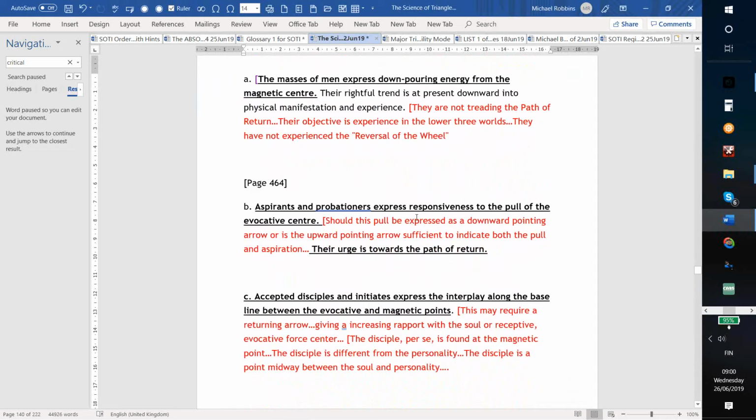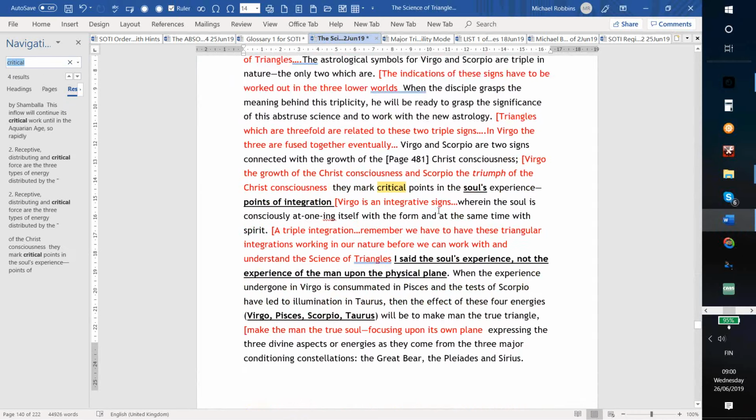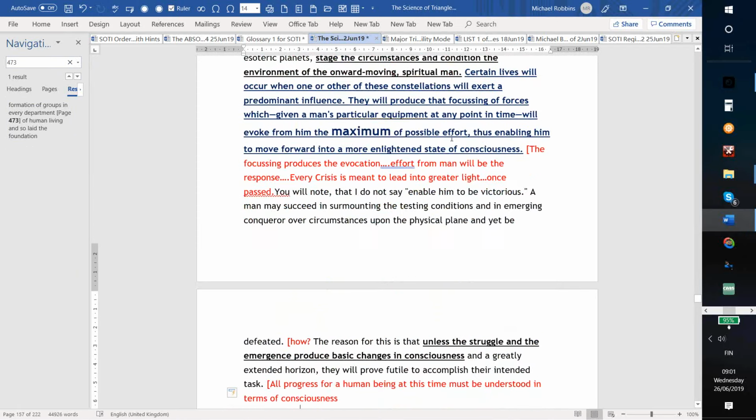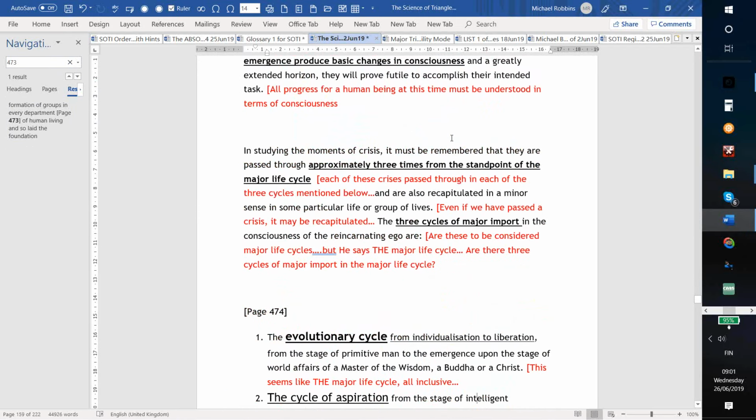You see, somehow a number of pages slipped out of my document. I don't know how that happened, but you'll see what's going to happen when we get to page 473 in this document, I hope I'm correct, and if not, it'll be 472.